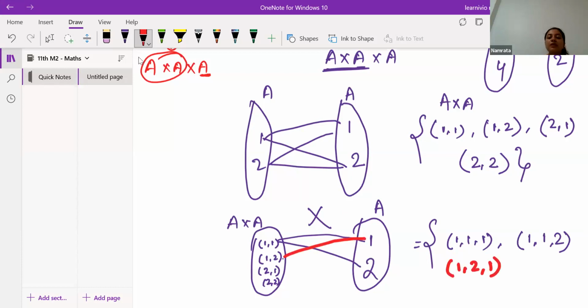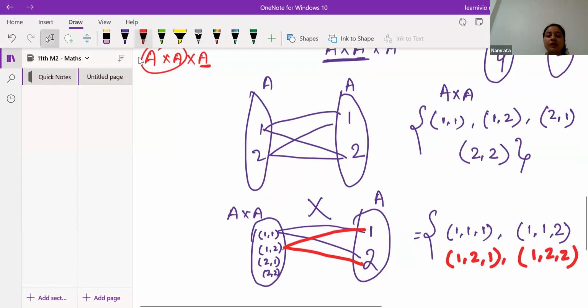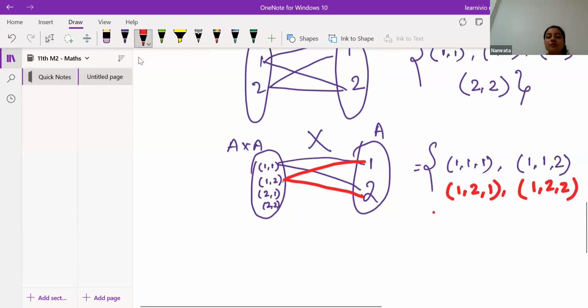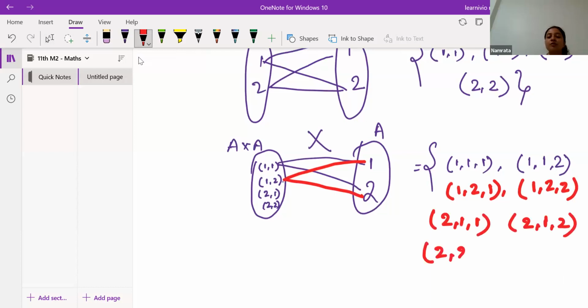Then 1, 2 with 2, so the next combination is 1, 2, 2. Let's do the same way: 2, 1, 1, and 2, 1, 2. After that, 2, 2 with 1, then 2, 2 with 2. This way we have finished finding A cross A cross A.